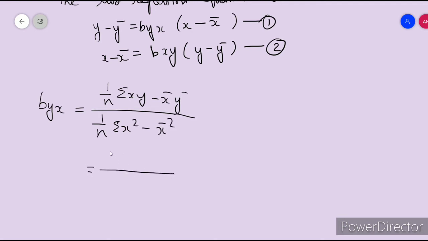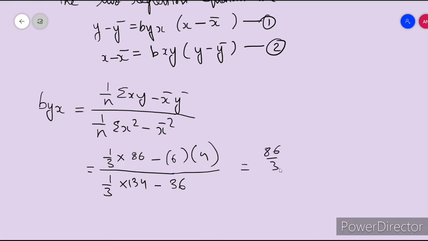So 1 by n is 1 by 3, summation xy is 86, x mean is 6, y mean is 4. Then summation of x square is 134. The square of the mean value of x is 36.